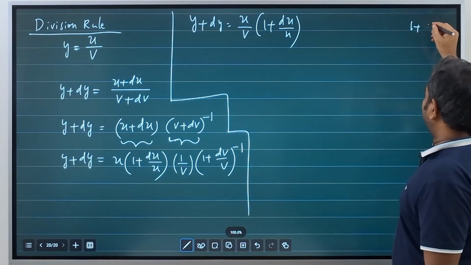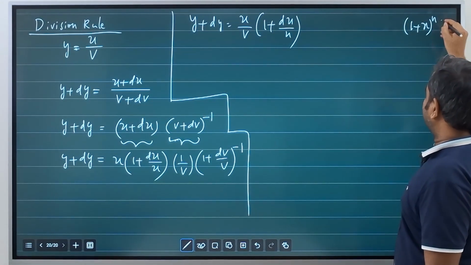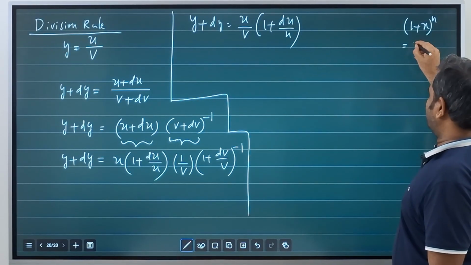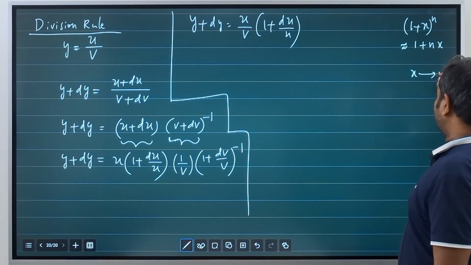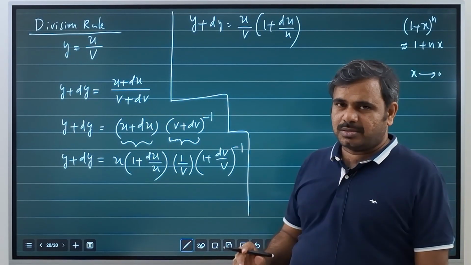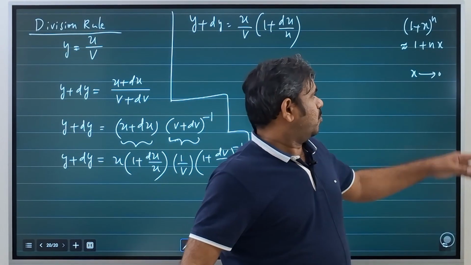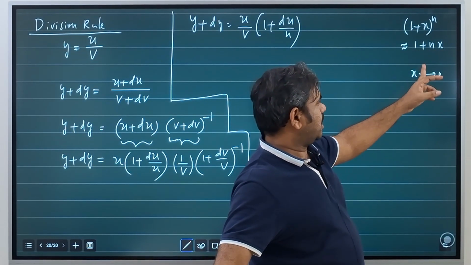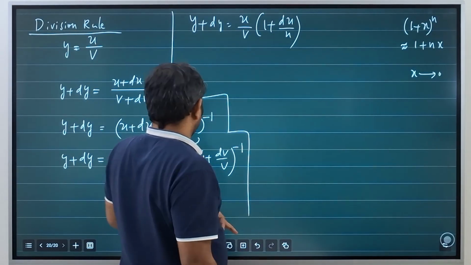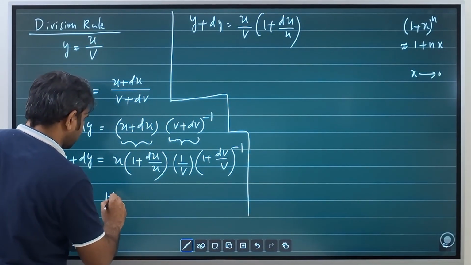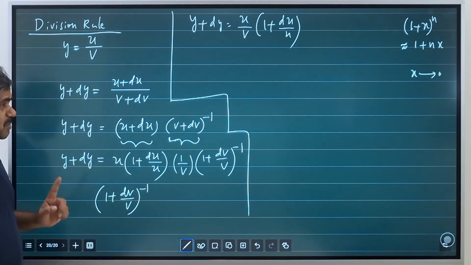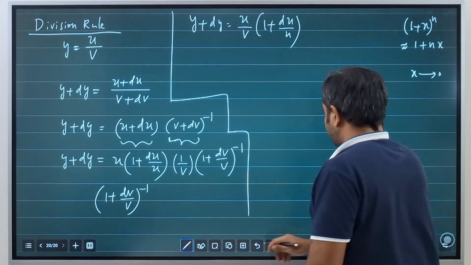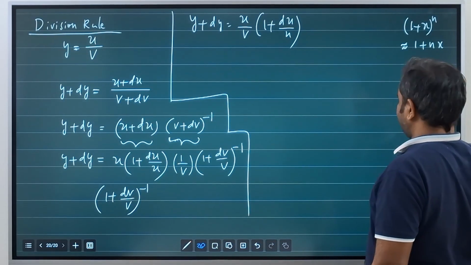You know, binomial expansion we discussed in one of the last classes. 1 plus x whole power n is approximately equal to 1 plus nx when x is very small. When x is infinitesimally small, this holds. So 1 plus dv by v whole power minus 1, because dv by v is much smaller than 1.